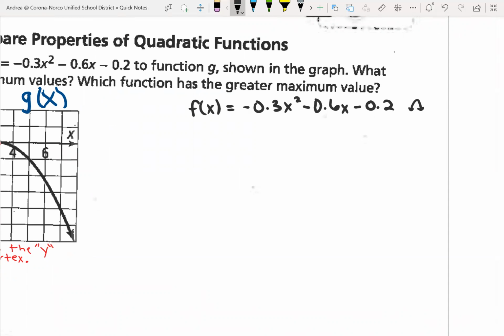In order to find the maximum value, I need to find the vertex.